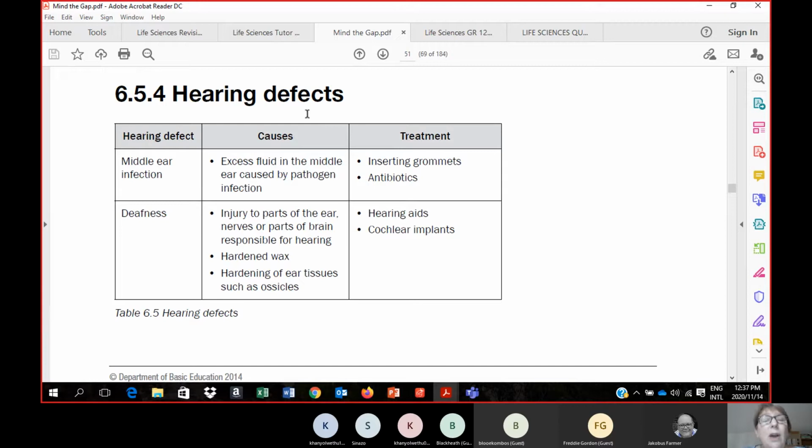Now, if you get constant ear infections, they can implant something called a grommet through the eardrum, and that grommet simply drains all those fluids out of the ear. Obviously, you can also take antibiotics because antibiotics are a type of medication which will fight off bacterial infections.